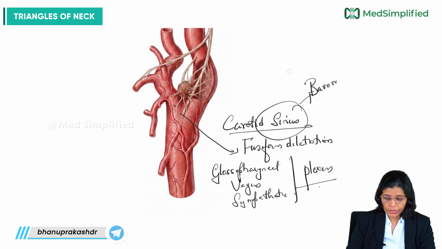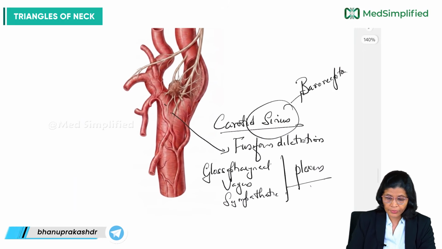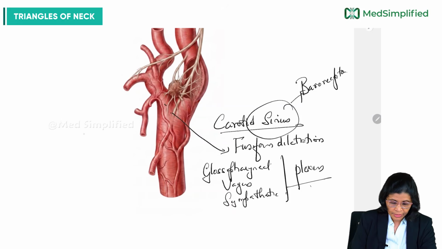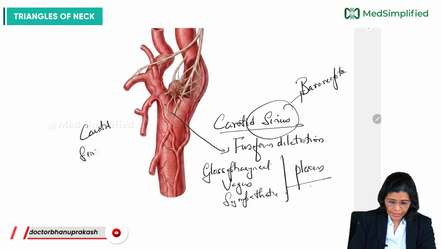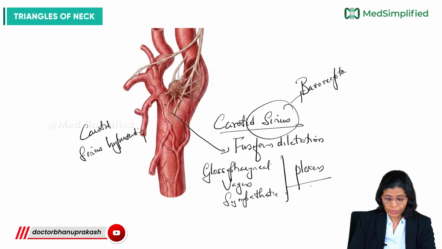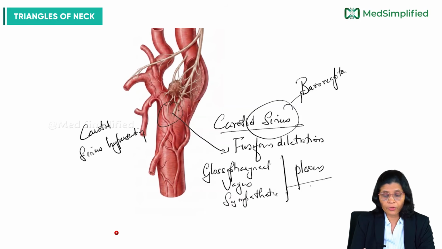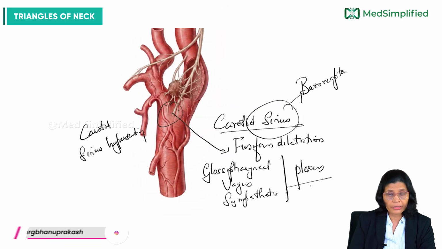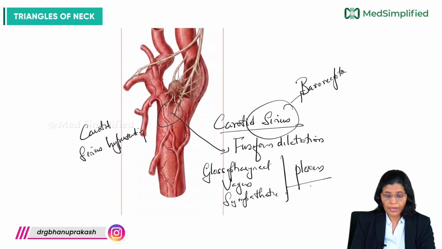In individuals with carotid sinus hypersensitivity, any pressure on the carotid sinus will cause slowing of the heart rate, fall in blood pressure and cerebral ischemia, which can lead to a syncopal or fainting attack.